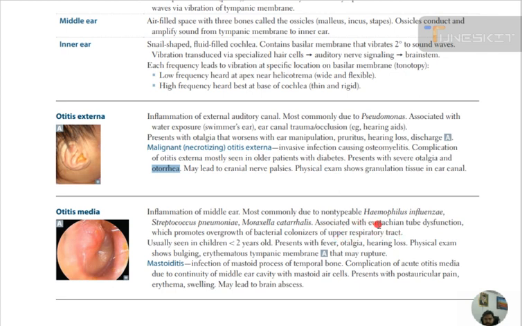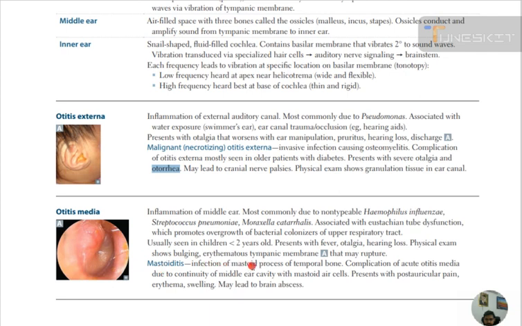It is associated with eustachian tube dysfunction, which promotes overgrowth of bacterial colonizers of the upper respiratory tract. It is usually seen in children younger than 2 years old and presents with fever, otalgia, and hearing loss. Physical exam shows a bulging erythematous tympanic membrane that may rupture.